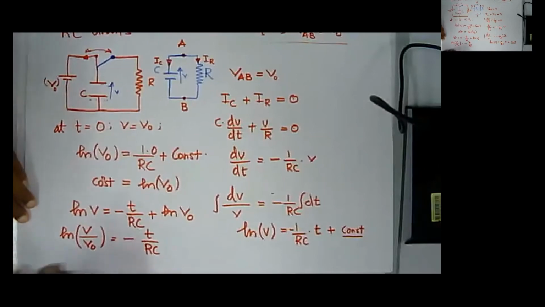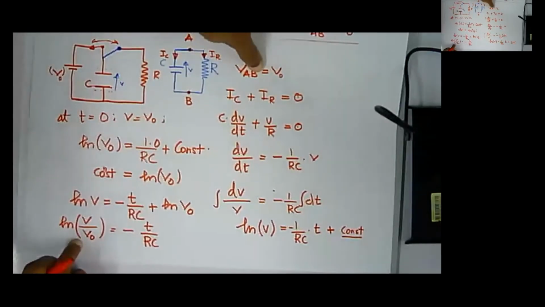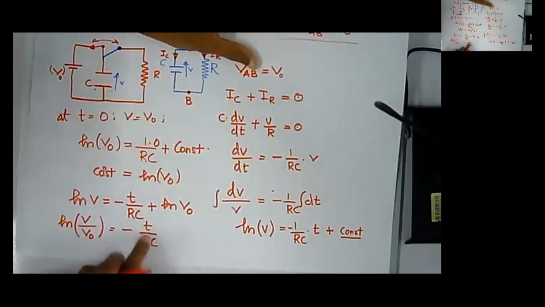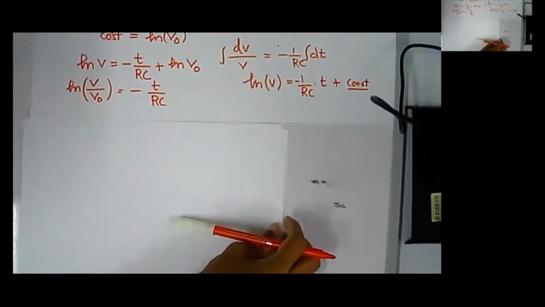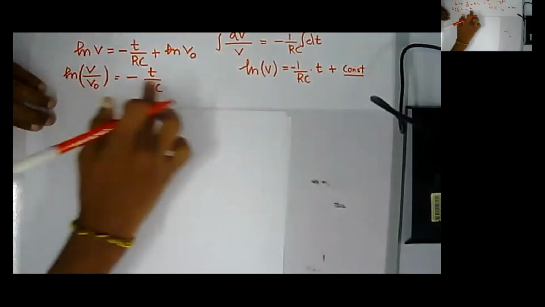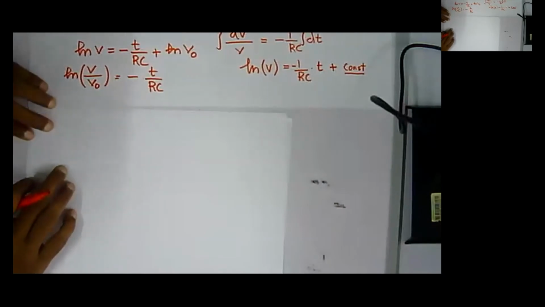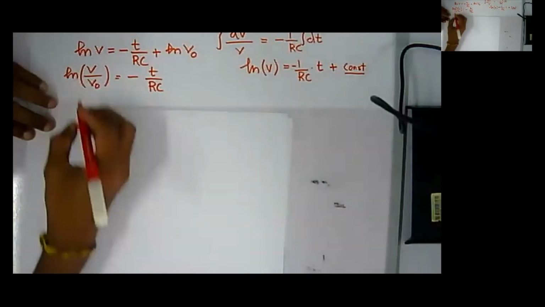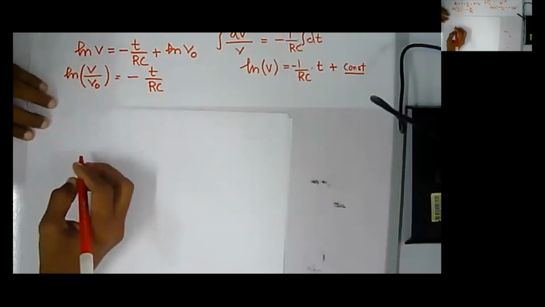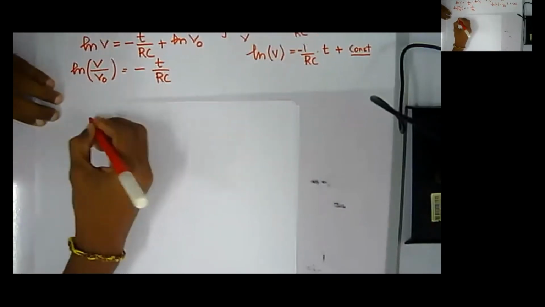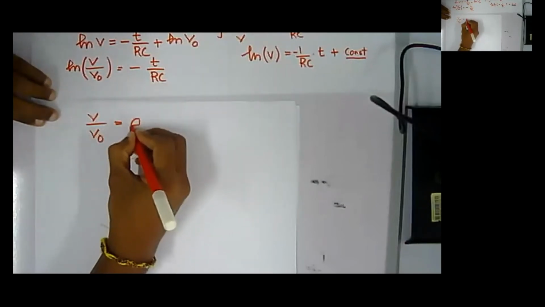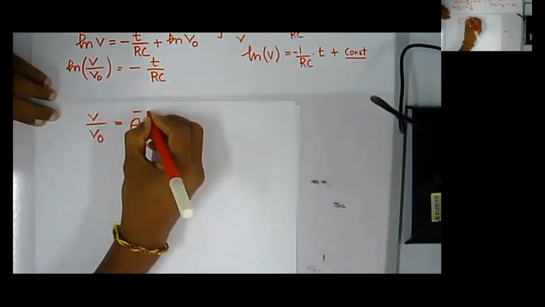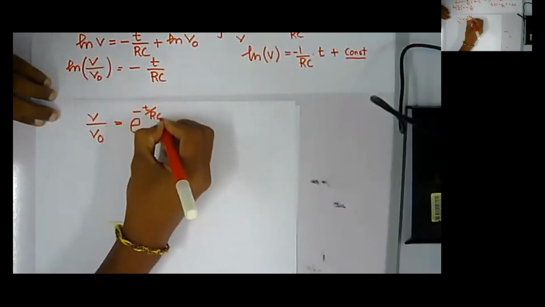Okay, so we can write it as ln V over V naught equals minus t by RC. Now, simply take the natural log on both sides. Natural log means e to the power. If we take e to the power of ln, we can write V by V naught equals e to the power minus t by RC.